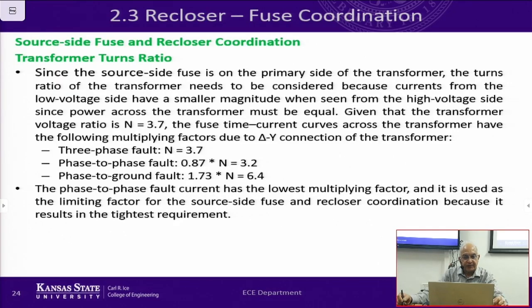And for a line-to-line fault, it becomes 6.4. So this is the most critical situation because that creates the minimum margin. So we have to consider line-to-line fault as a critical part of our coordination. So we will use this factor of 3.2 for our calculation.